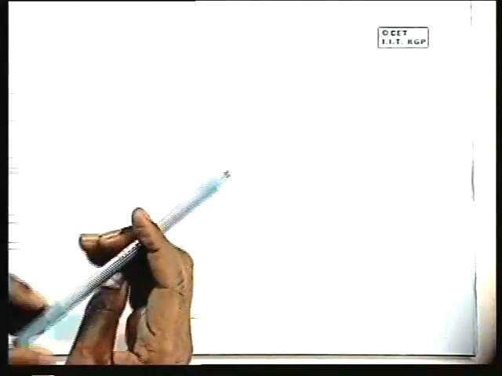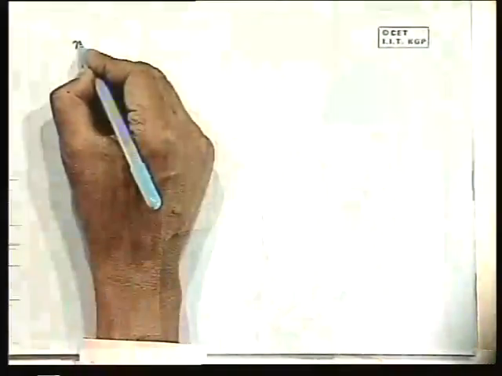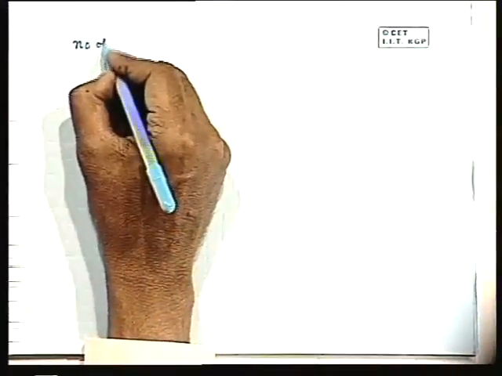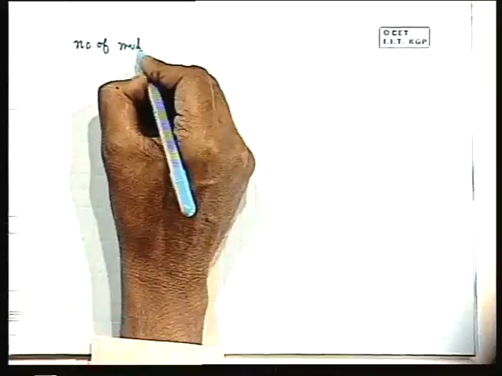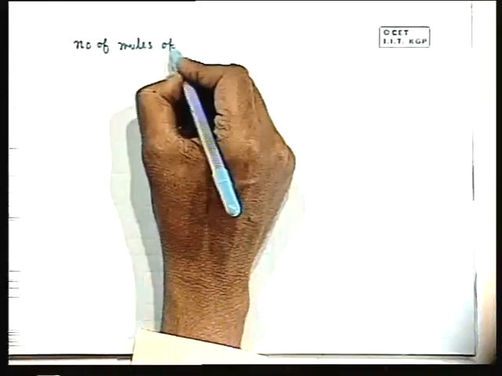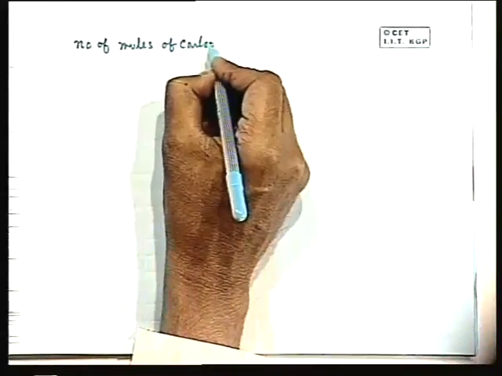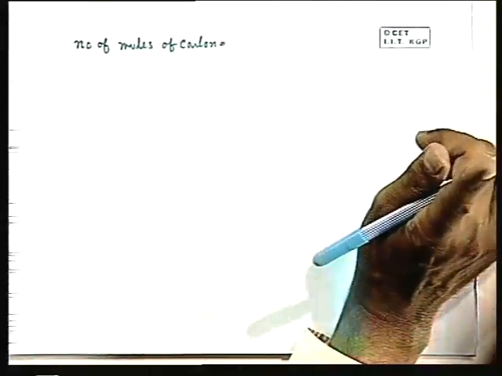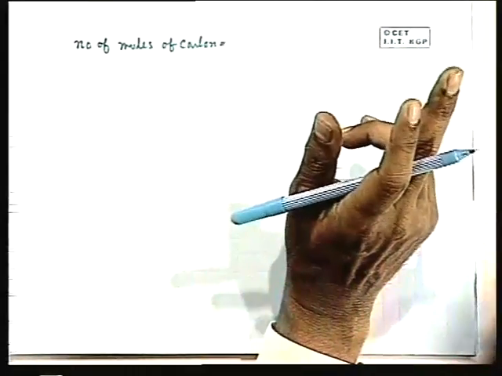First of all, we have to find out the number of moles. Now, we know that it is 85% carbon and 15% hydrogen, so what is the number of moles of carbon? Now, we make the analysis per kg of fuel. So, 1 kg of fuel has 0.85 kg of carbon.